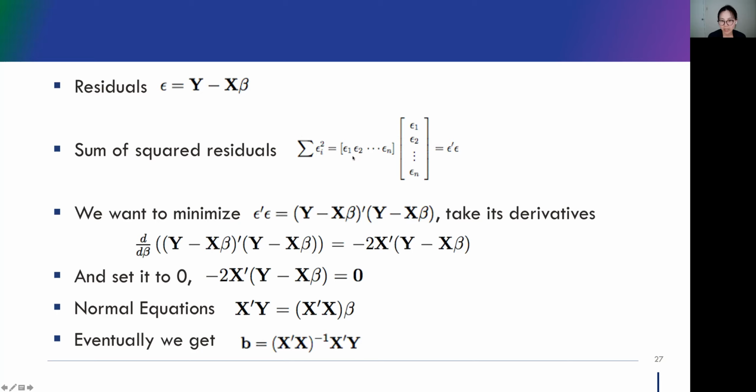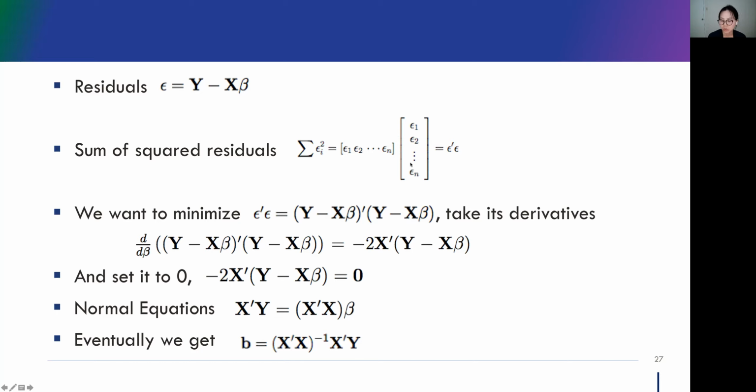But if we want to write it in matrix-vector format, it will be a horizontal vector and this vertical vector. You just do the multiplication of these two, and you will get the summation of the squared residuals, right? If you just do the calculation, this times this plus this times this.